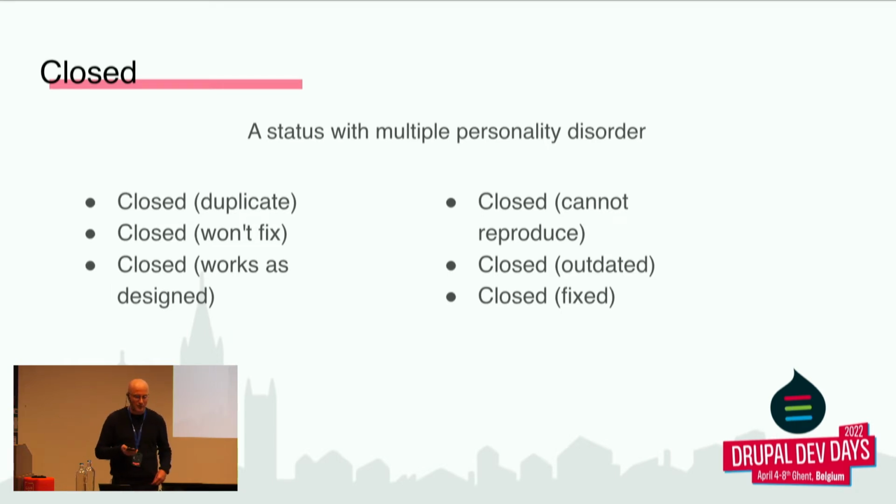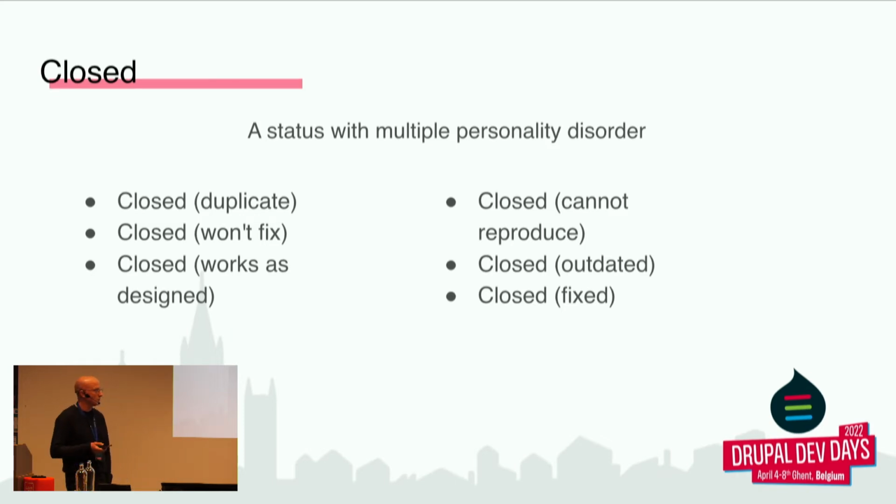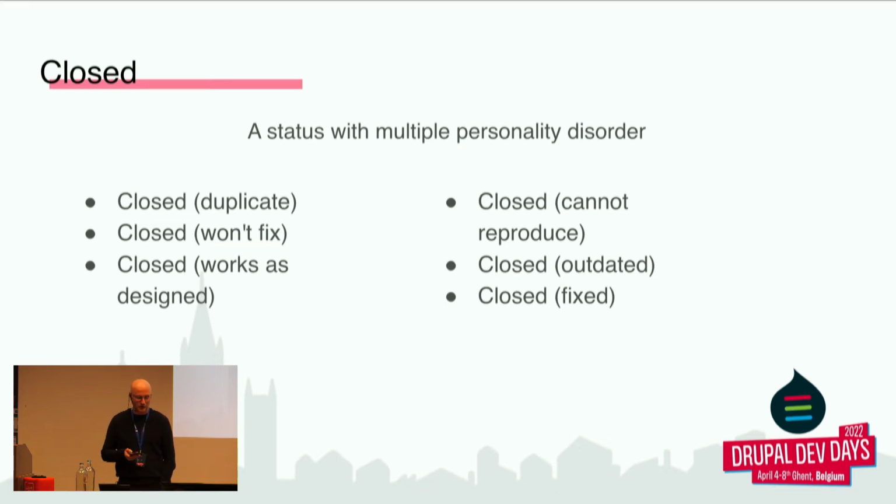They can't actually see it for themselves. Closed, outdated: the issue is no longer relevant, basically. Something changed, which makes it outdated. And then closed fixed, like I mentioned, that's the one that you basically should not put an issue to by yourself. It will be done by the system after it's been fixed for a while.